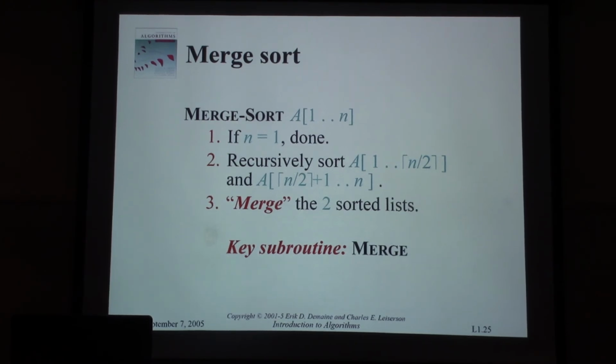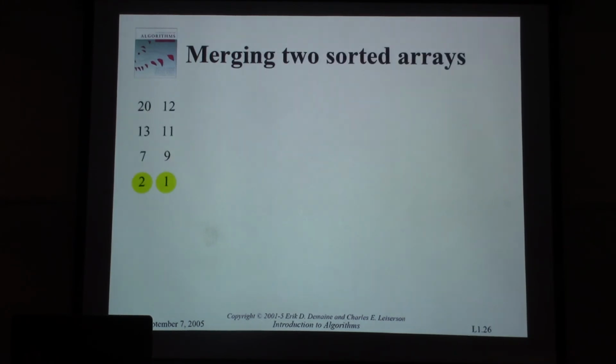But if n is some bigger number, then we sort from 1 to the middle, n over 2 ceiling, and n over 2 ceiling plus 1 to n. So we're going to split it into two as close as possible pieces. If it's even, we can split it exactly in the middle. If it's odd, we need to take one more on one side. And then, after recursively sorting the left and the right half, we merge the two sorted lists.